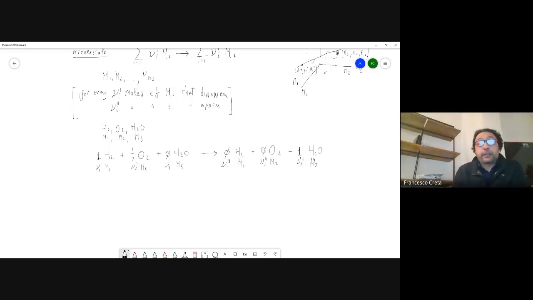We have cheated a little bit because we've essentially chosen these coefficients, let's say by eyeballing it, so that it seems balanced, right? There's 2 hydrogen atoms here, 2 here, only 1 oxygen atom here, and 1 here, okay? I'm taking just half of O2, which means only 1 oxygen atom.